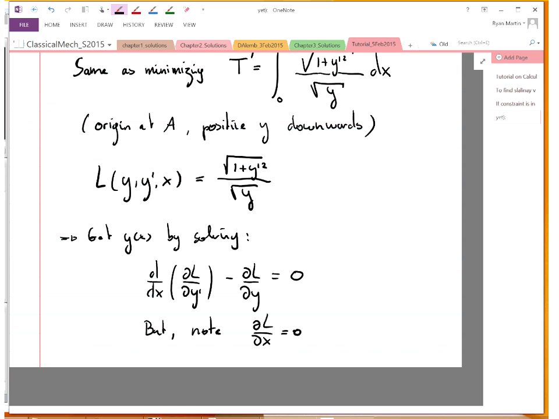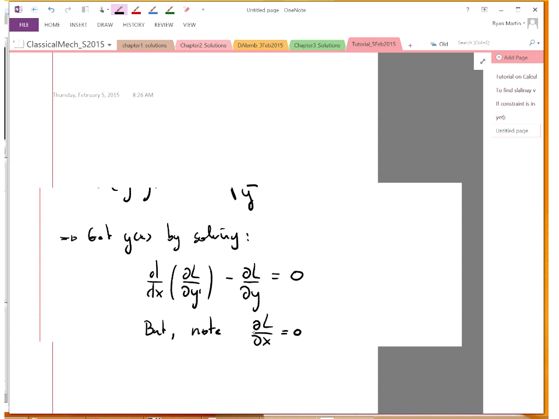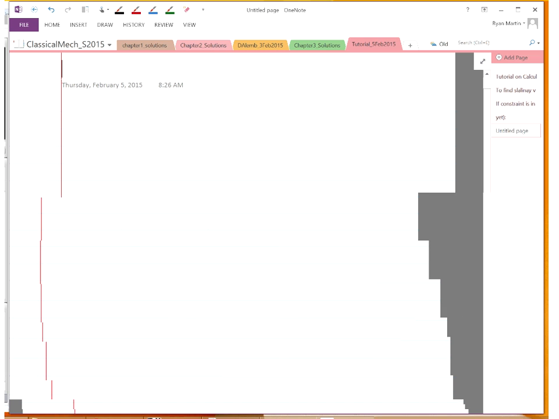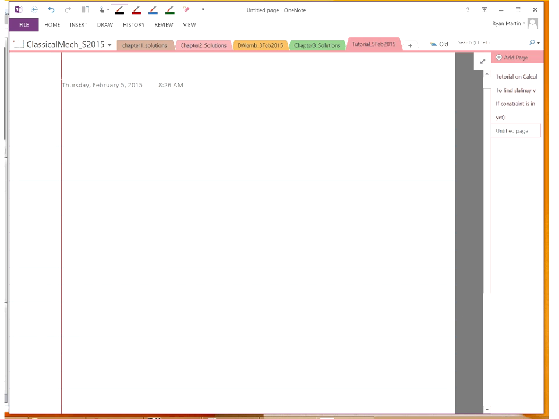So the partial derivative of L with respect to x is 0. That's a good thing, because that means we can use the simpler version, which was that y prime times partial L by partial y prime minus L equals a constant.